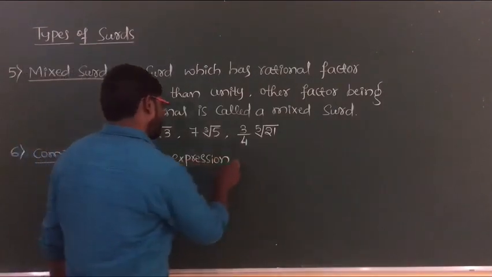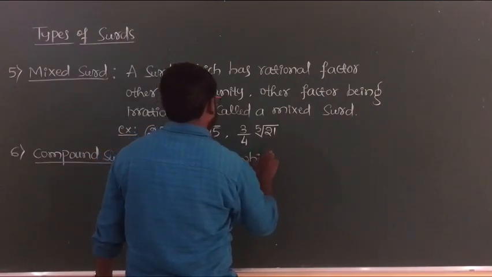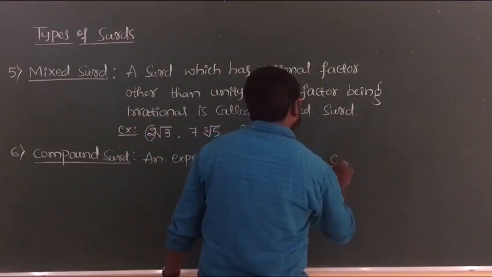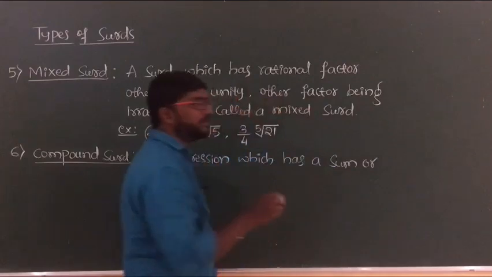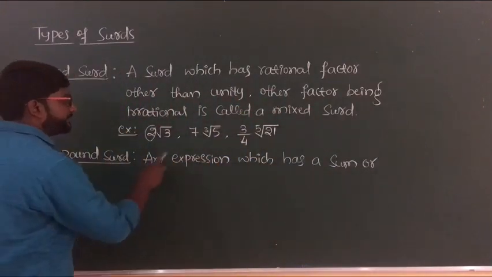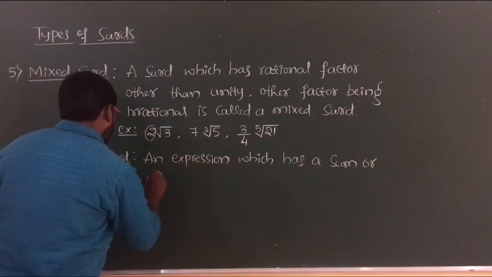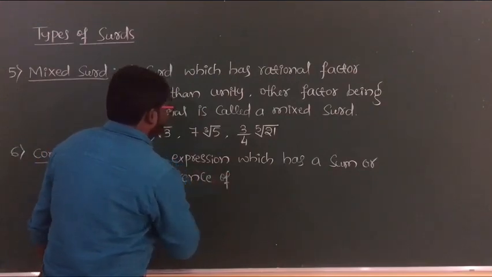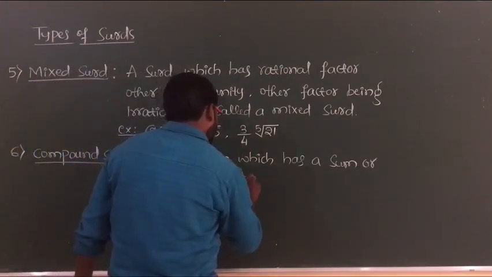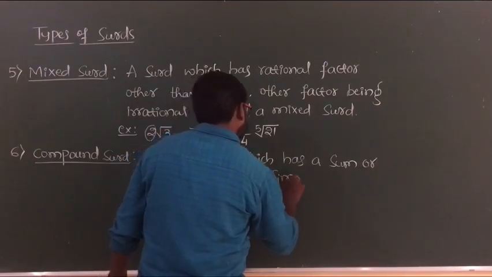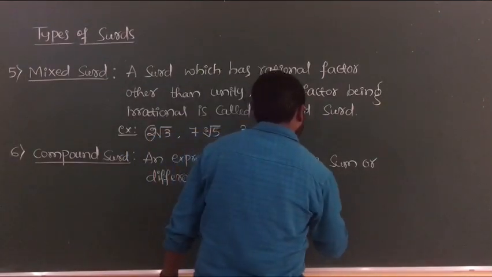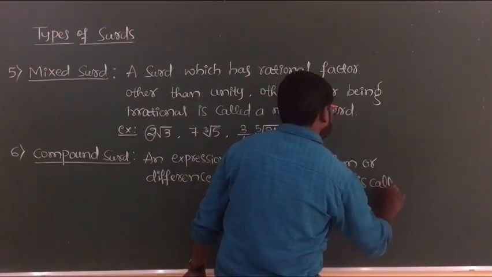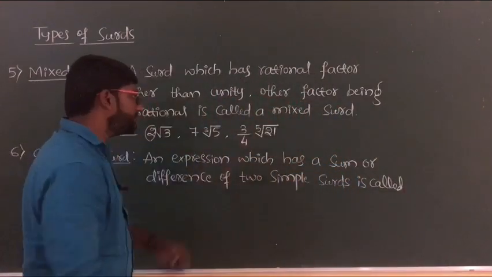An expression which has a sum or difference of two simple surds is called a compound surd.